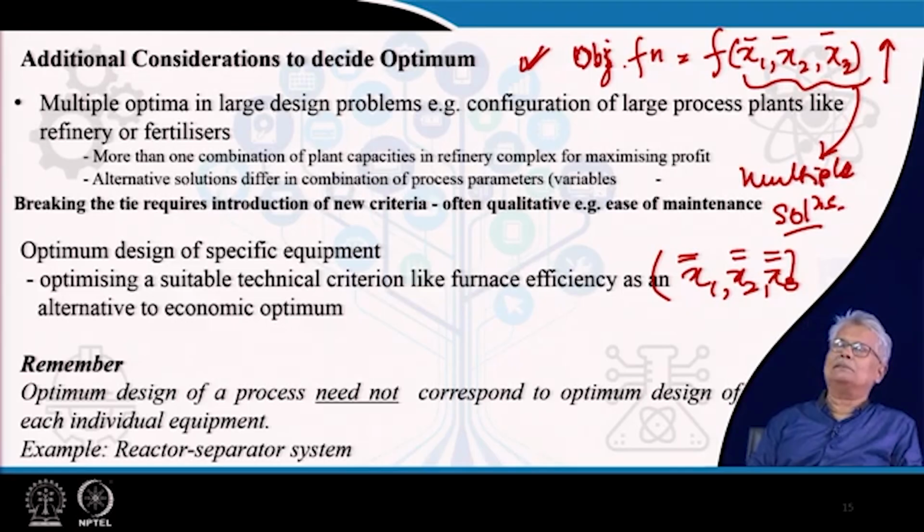And I find there could be several combinations of these 3 plant capacities which is going to give me multiple solutions of my objective function. Now, which one should I opt for?